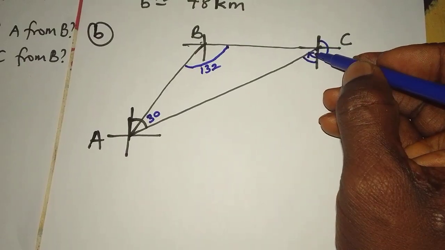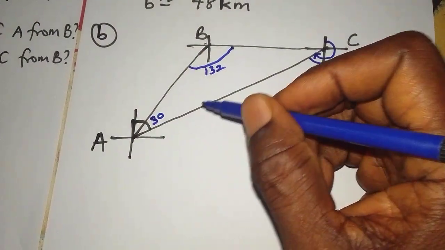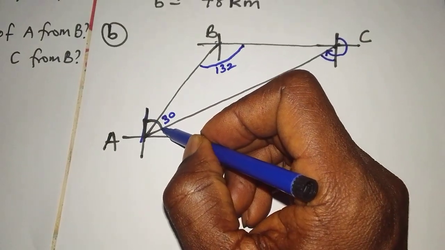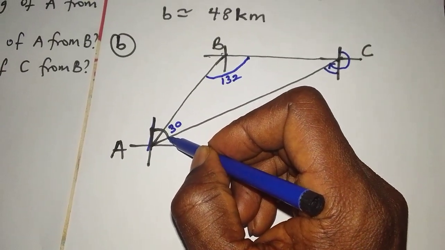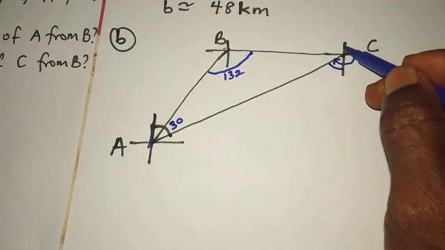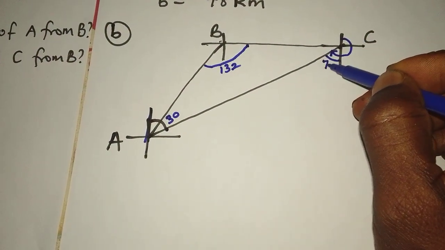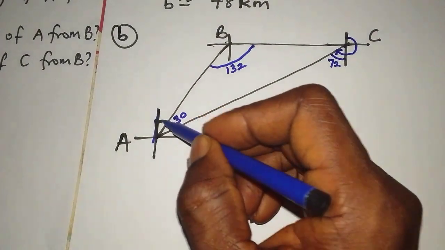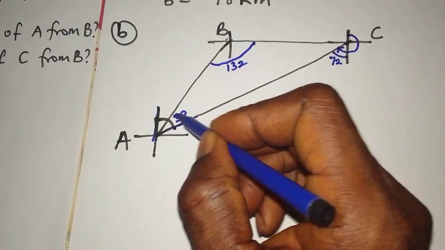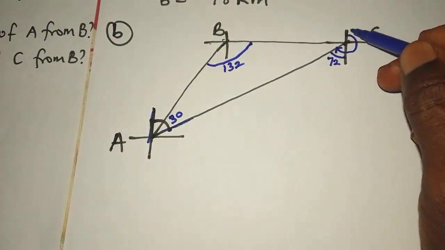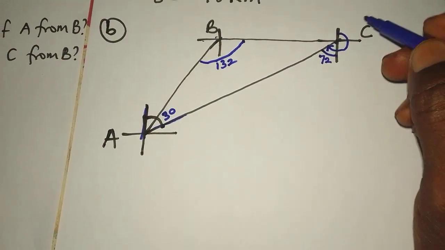If you look at it, from the north up to where this line is 72. Since this line and this line are parallel, this also should give you 72.